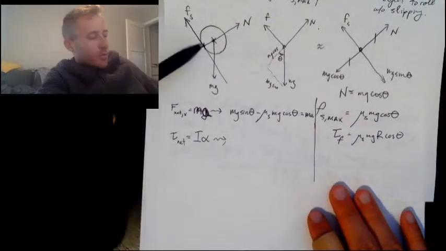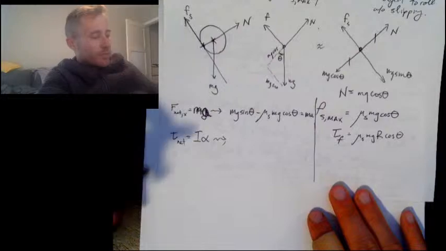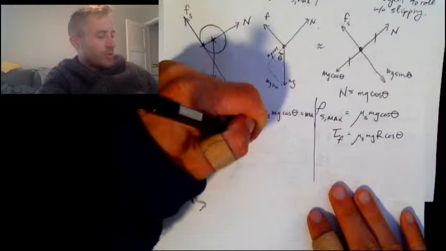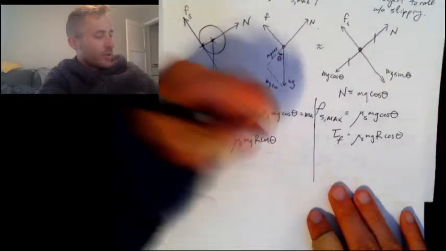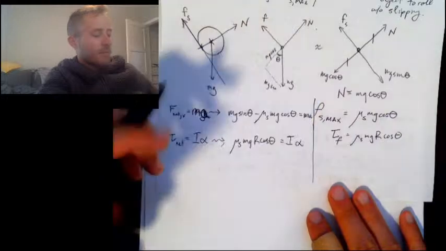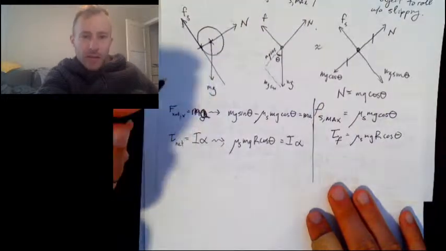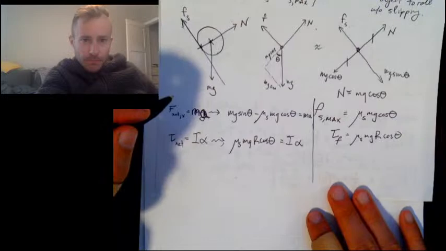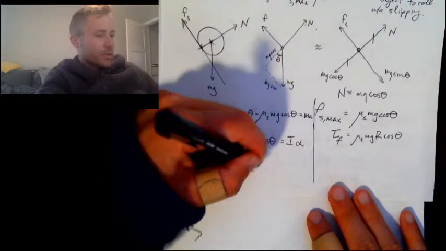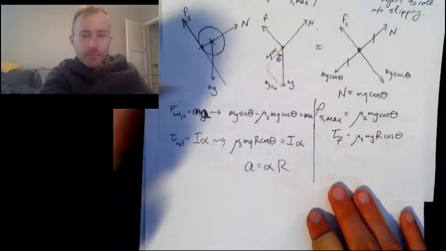So the only torque we have is static friction, which is mu sub s mgr cosine of theta. And so that equals I alpha. And then lastly, we have the equation expressing the fact that the object is rolling. Okay?